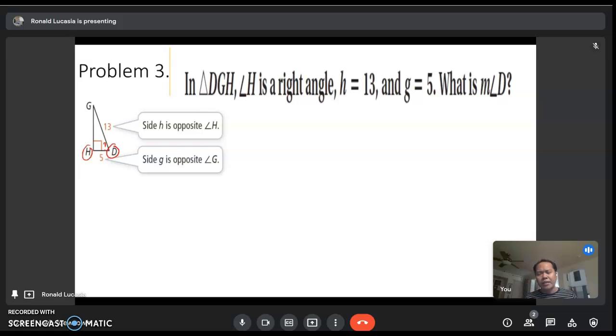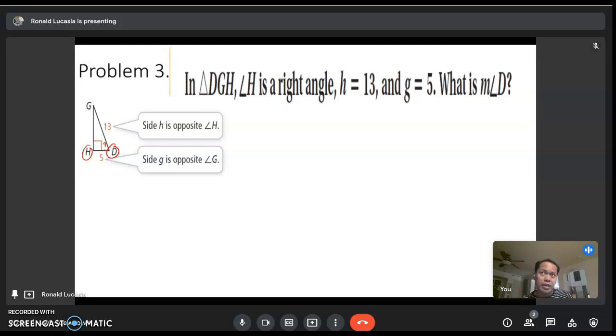So you know that the side adjacent to D is 5 and the hypotenuse is equal to 13. Then we will be using cosine instead of sine. We can't use sine primarily because there is no opposite given. We only have the adjacent side and the hypotenuse.